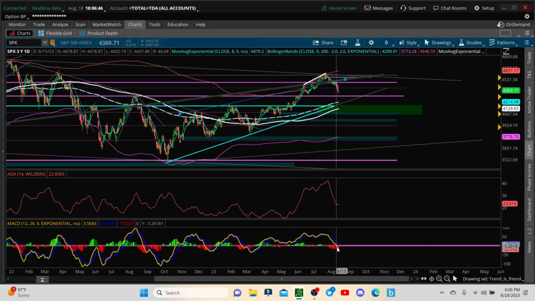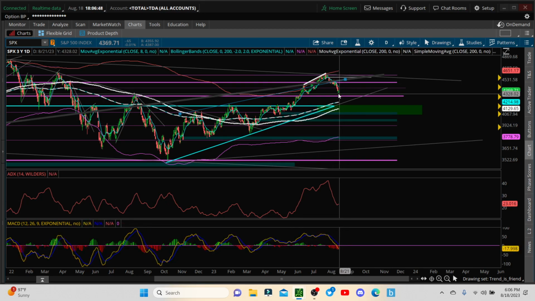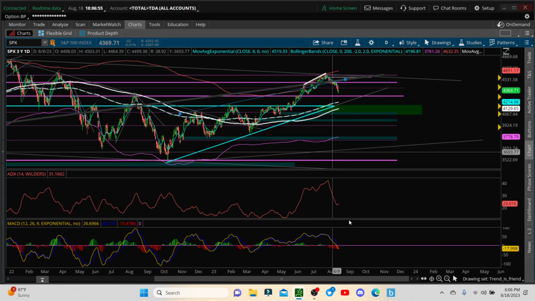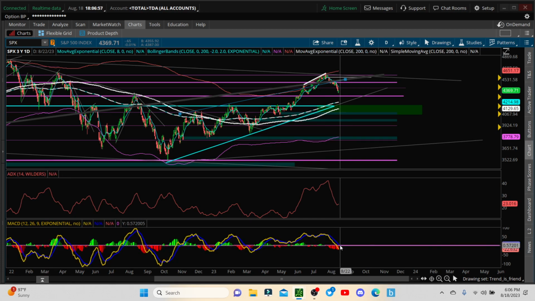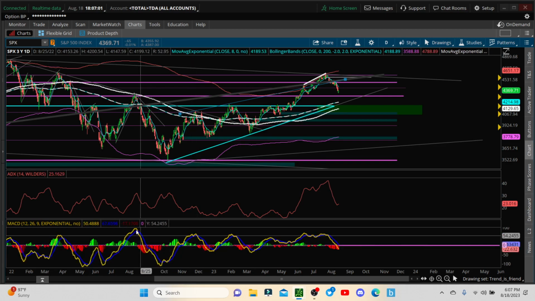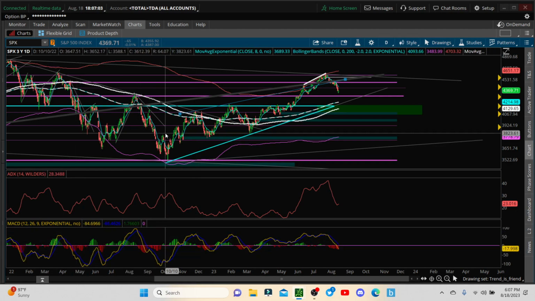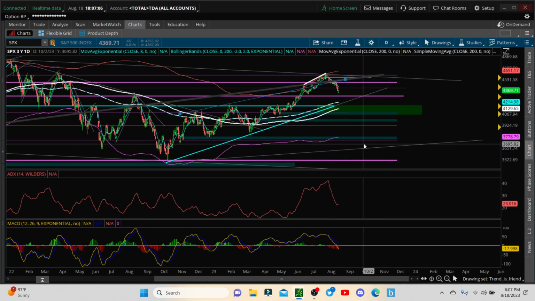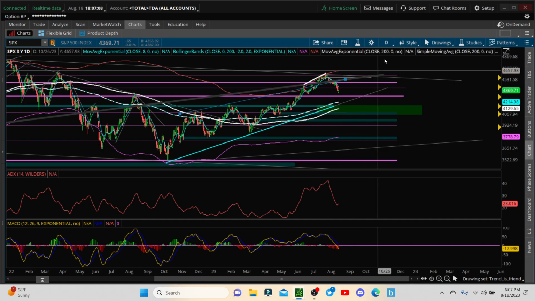So here, this measly little bounce that we might have, possibly a 75, 100 point bounce, might just be backtesting and then continue the trend to the downside. That's what it appears like when you have a larger trend. We are looking for a much larger move.